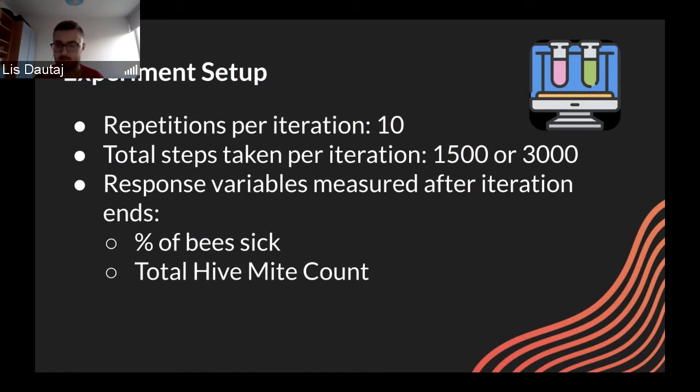With the tick being 30 minutes, this would translate to 125 days and 250 days respectively, which fits about a season, say summer, so we don't have to account for the weather. The response variables we decided to measure were the percentage of sick bees, since this has the most effect on the hive and the workload of the hive, and also the total amount of mites in a hive.